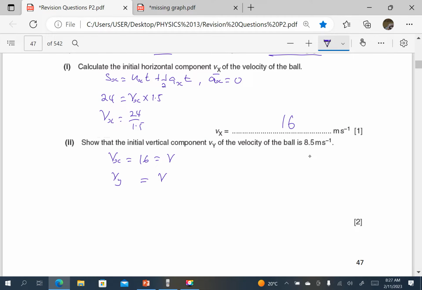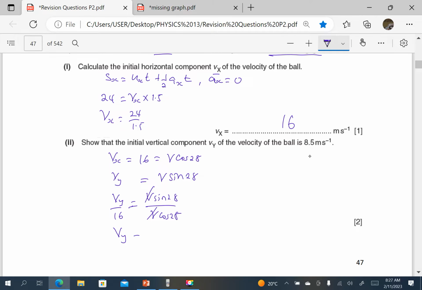The horizontal component is V cos 28. The vertical component is V sin 28. Remember, I want to find the vertical component. So I will just divide the two equations. Vy divided by 16 is going to be V sin 28 divided by V cos 28. So V cancels out.